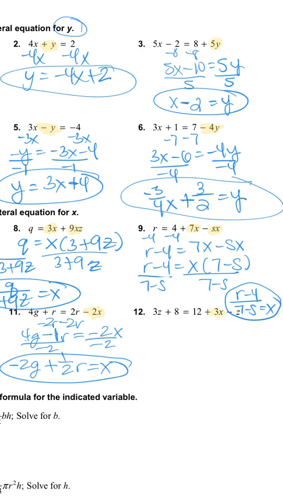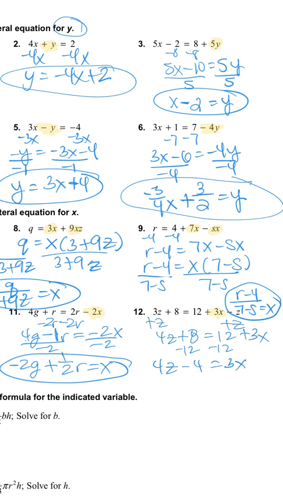Here we have this 3x, so that's what we're solving for, is that x right there. We want to add the z, so we get 4z plus 8 equals 12 plus 3x. Subtract 12 to move it. So 4z minus 4 equals 3x.